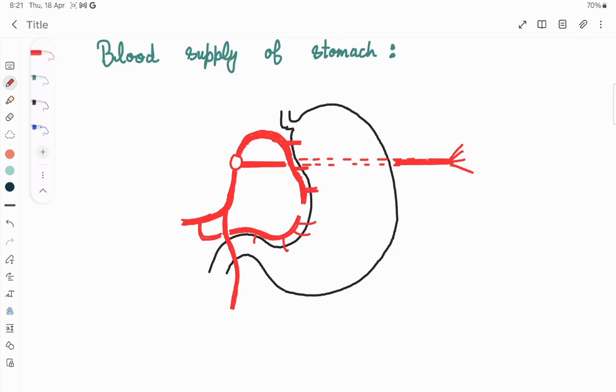This splenic artery gives off a branch called the left gastroepiploic artery. So this is the left gastroepiploic artery, arising from the splenic artery.